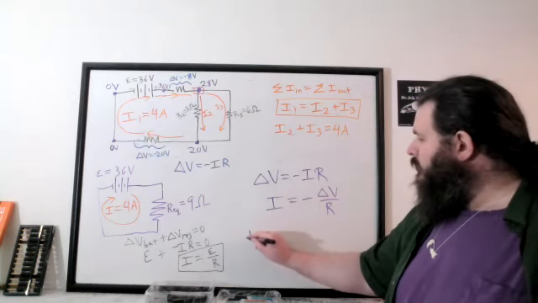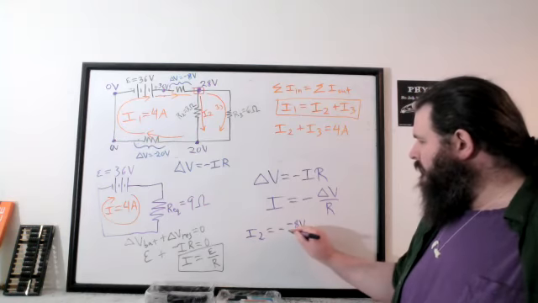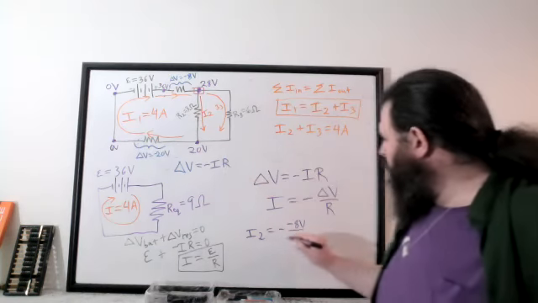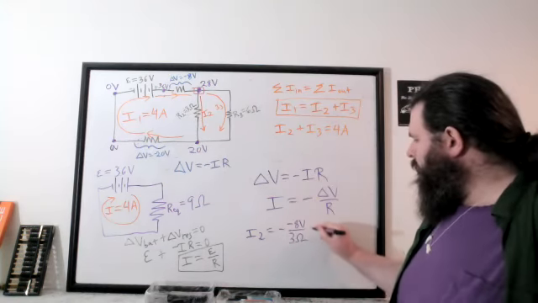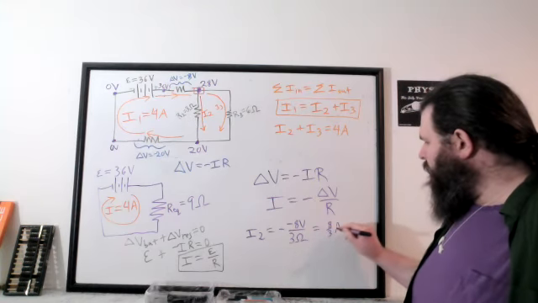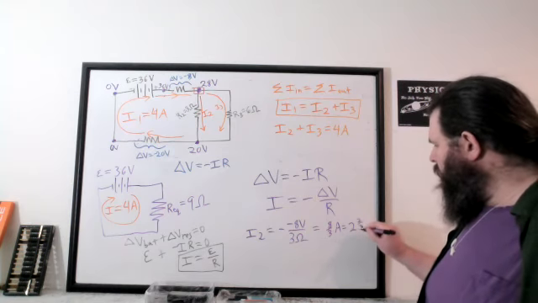So I2, we've got negative 8 volts from 28 to 20, divided by this resistance, 3 ohms. So we get 8/3 amps, or 2 2/3.